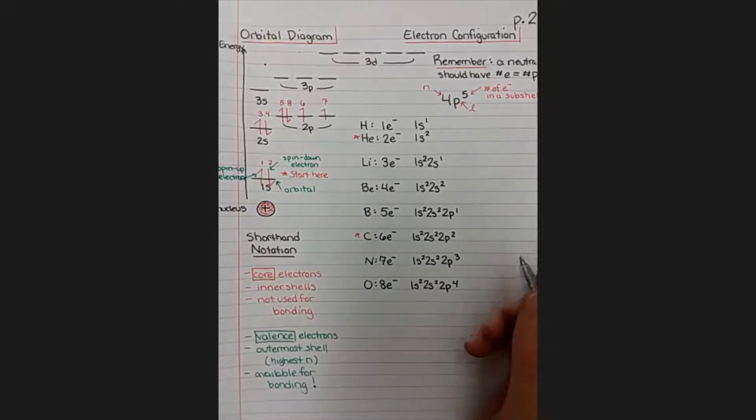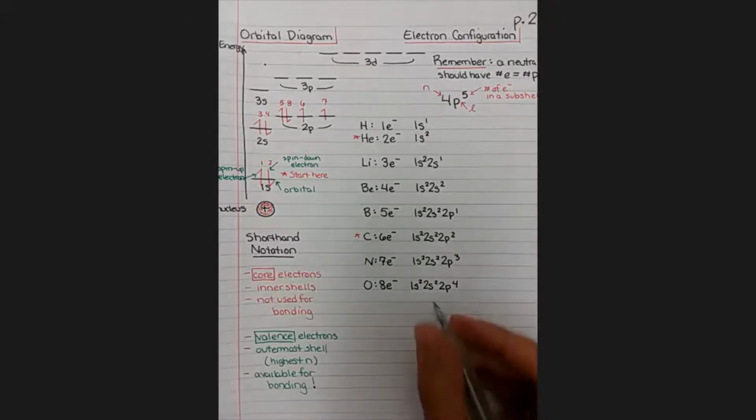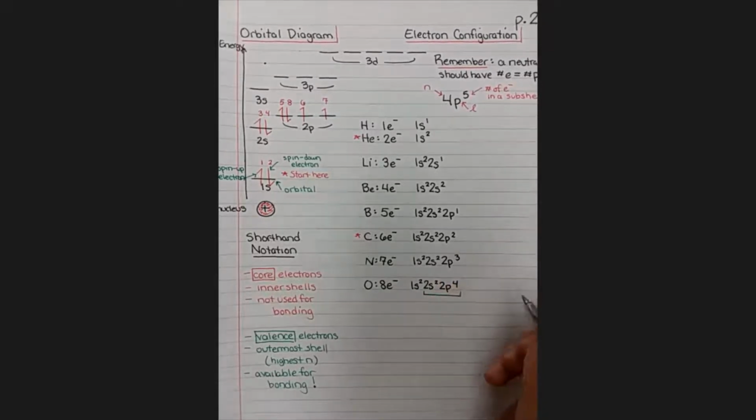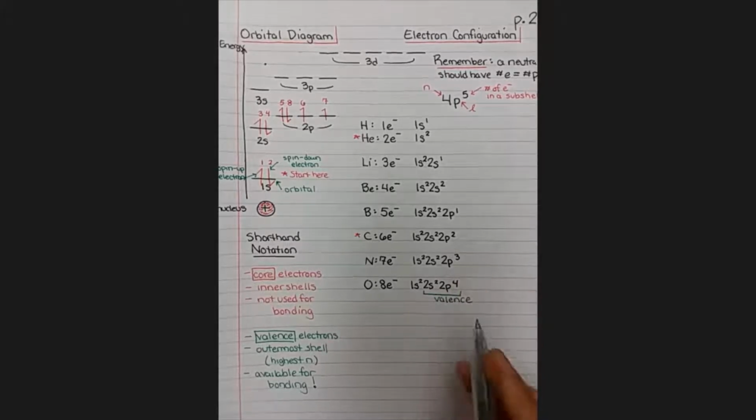So for example, here's oxygen. I can see that we have electrons in the first shell and in the second shell. So the second shell electrons are going to be my valence electrons. So there are going to be 6 valence electrons in this case, 2 in the s and 4 in the p subshell.